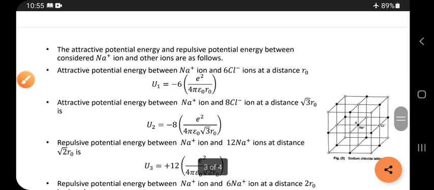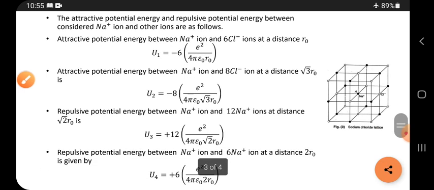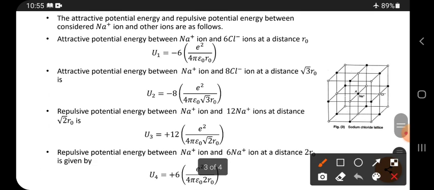Now the attractive potential energy and repulsive potential energy between a considered Na plus ion and other ions are as follows. Here it is an attractive potential, so sodium and chlorine attraction potential is present. Attraction can be denoted by minus. Okay, next attraction between sodium and 8 chlorine, already explained at what distance, at root 3 r naught.